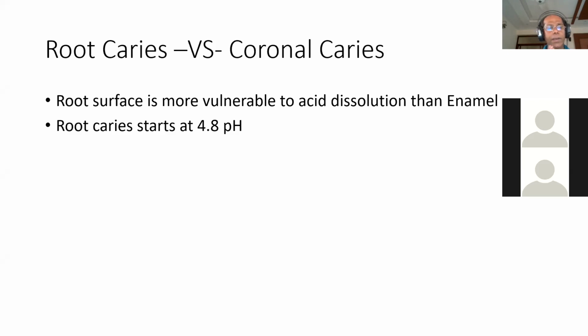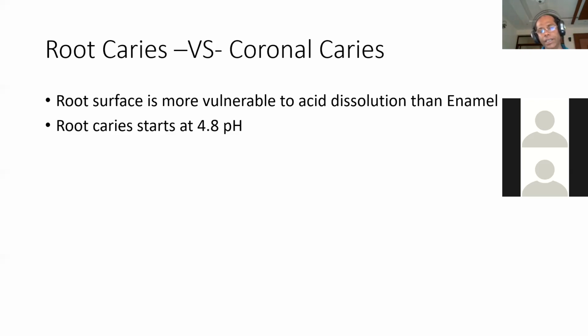That's how root caries starts at a pH of 4.8, as we know that enamel caries starts at 4.6 or 4.5. So 4.5 is the critical level. When this level is reached, enzymes start to demineralize.